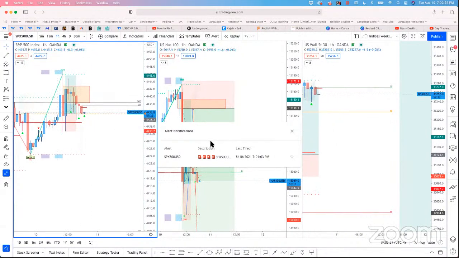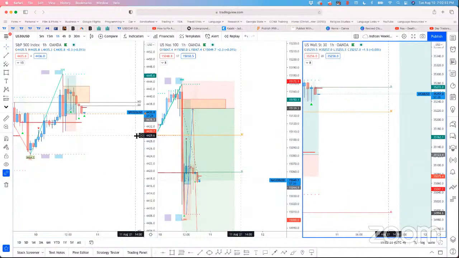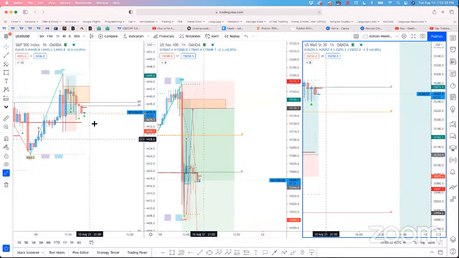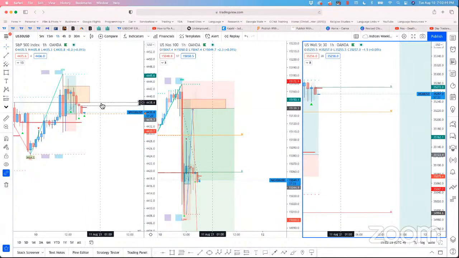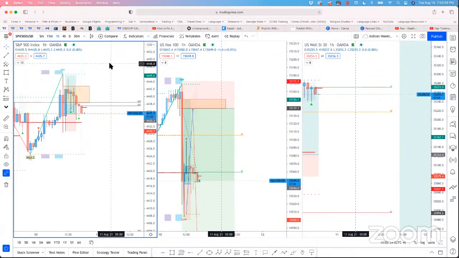That's pretty much what I'll be looking for in the morning. If it pushes down without me, I'm okay with it, because we should get a retrace somewhere. I'll look for where the retrace is going to be, and if I don't get that, I'll just wait for a buy. So you already know what I'm looking for. Capiche?